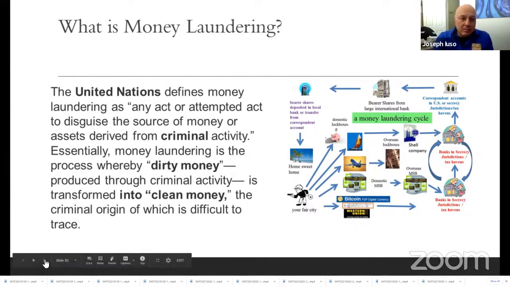Next slide, please. What is money laundering? I've been asked to talk about money laundering and financial crime, not so much with a crypto tint, although it could be related to crypto, but money laundering and financial crime happens everywhere, including crypto. If somebody tells you it's rife in crypto, don't listen to them, because cash is the worst, and banks are probably even worse.